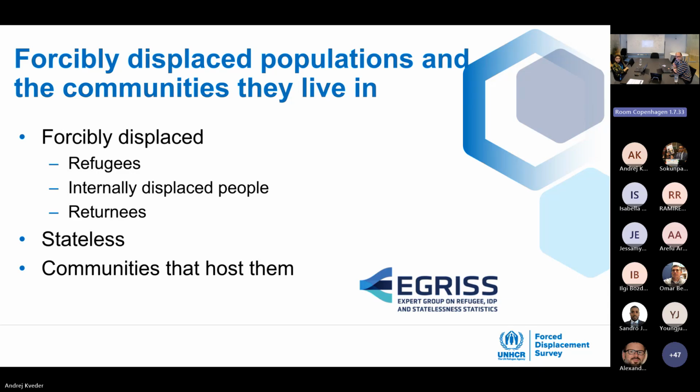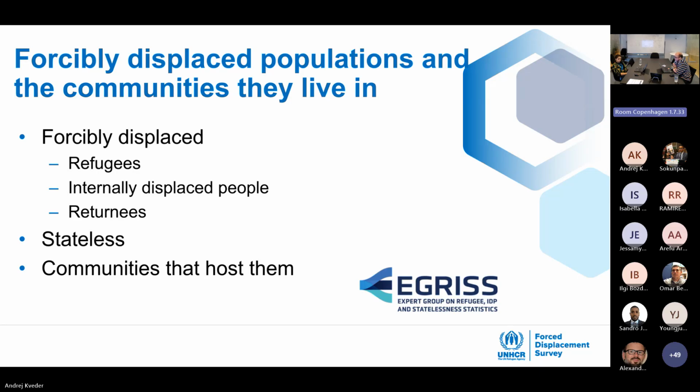Refugees are individuals who have had to leave their habitual home of residence because of some kind of external event, usually explained by force or conflict, and they had to cross the international border and apply for international protection. Those people we consider refugees.